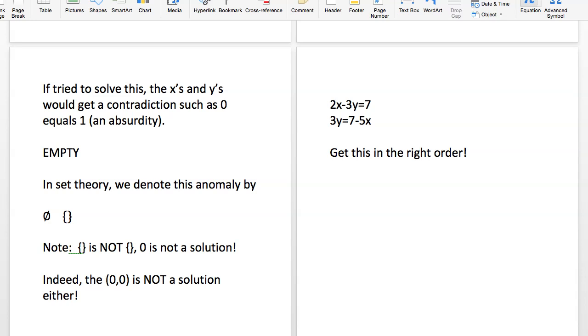The first one's good: 2x minus 3y equals 7. The second one is all messed up, so you have to get it in order. You want a Benedict Arnold: the negative 5x comes over here as positive 5x. And 3y was already here, so plus 3y, and then equals 7.